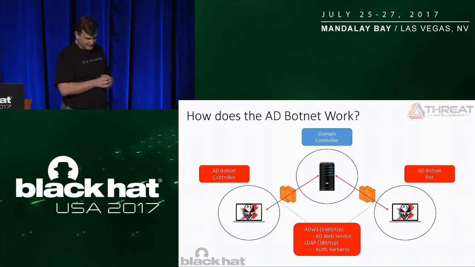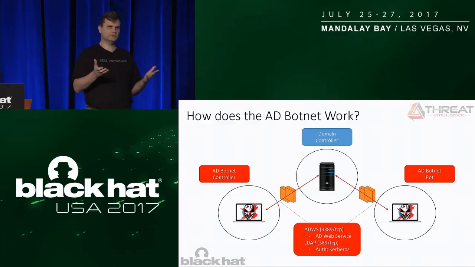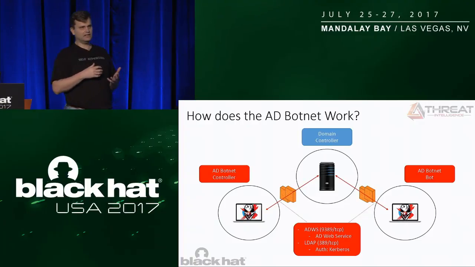The other thing is that the normal default logging on Windows in Active Directory typically is not going to detect it either. The kind of logs which will be generated are typically things like Active Directory object updates.